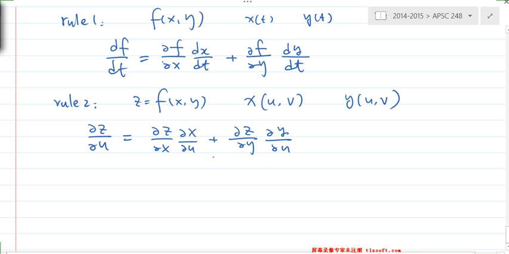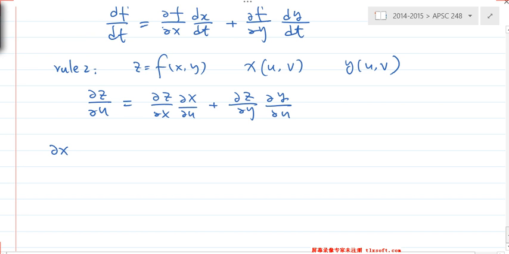Apparently not right. But remember, for a function with one variable, what is df over dt? We do df over dx, and then dx over dt.